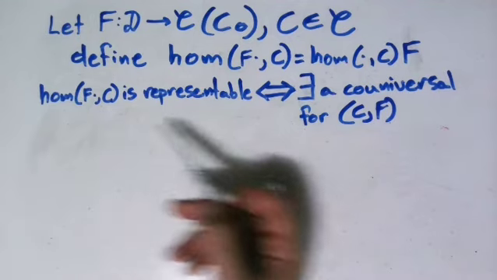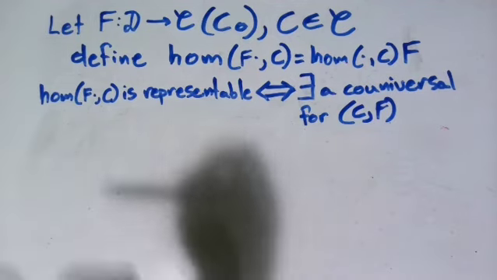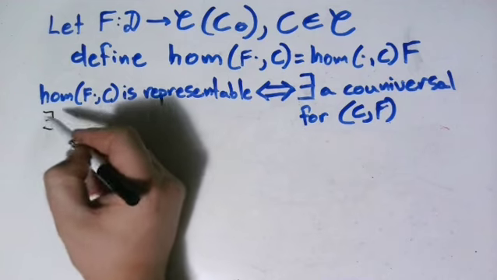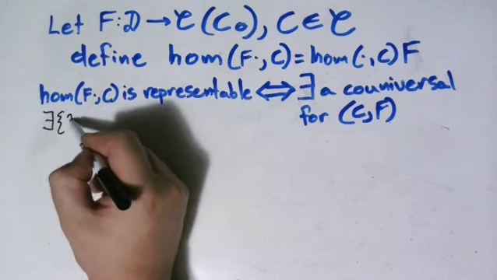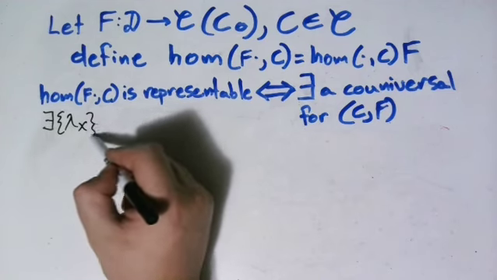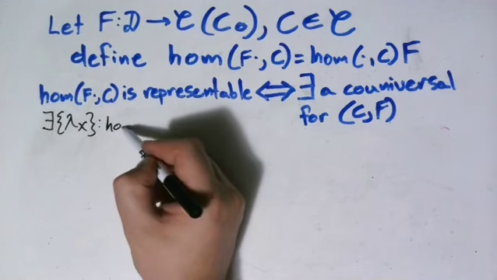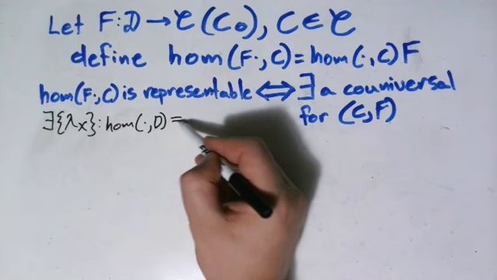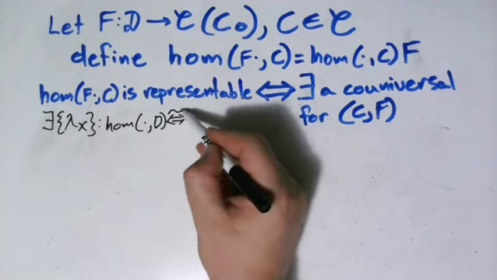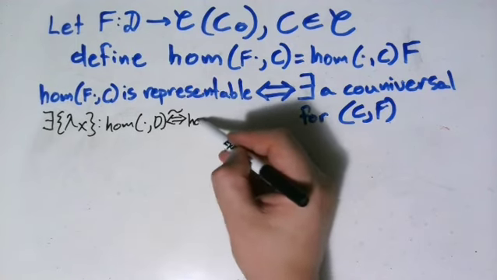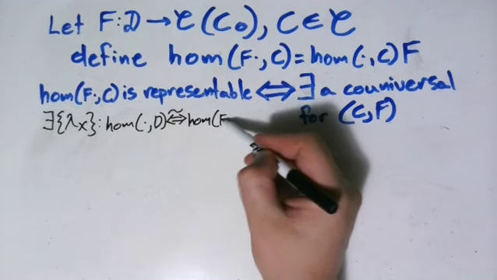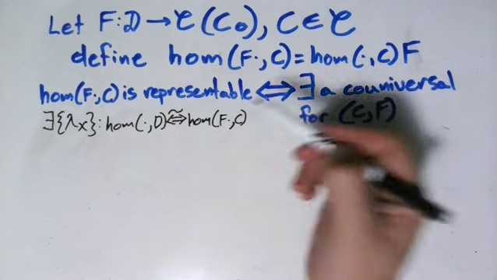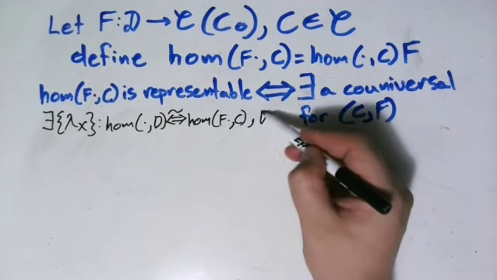So we just saw that if home F blank c is representable, then we have some natural isomorphism lambda going from the contravariant home functor home blank d into our functor home F blank c for some d in D.